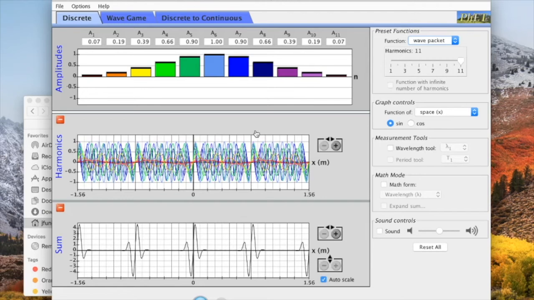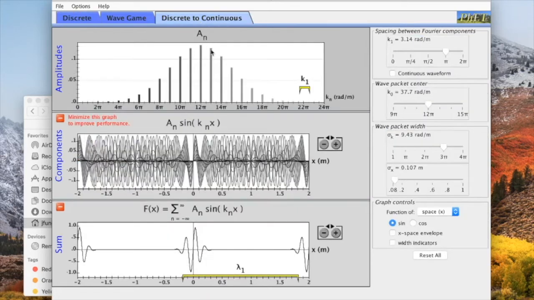It turns out that the answer is to do a continuous sum, like I mentioned on the board. So let me go now to this discrete to continuous tab here. Once again, right now we are adding up a bunch of different sine functions, which is denoted by this bar graph here.